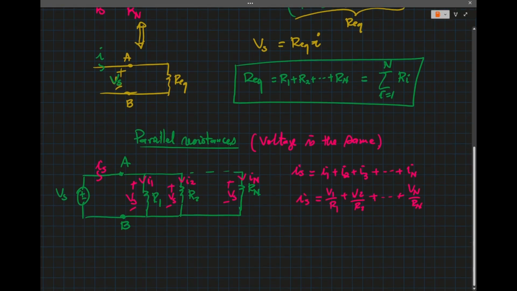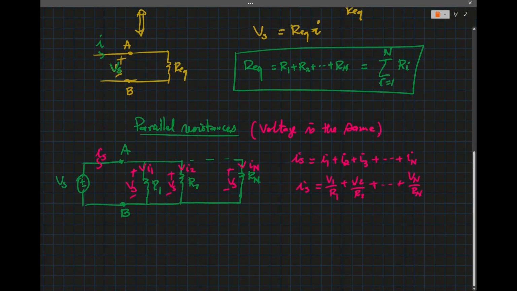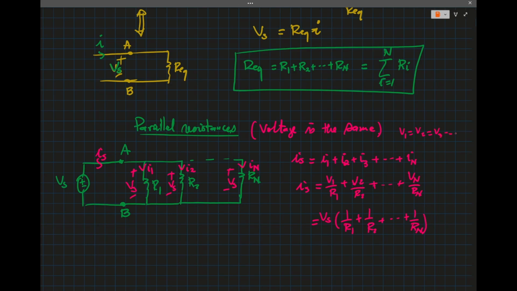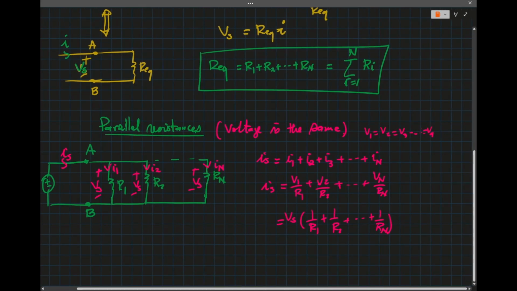So Is equals that. But we know V1 equals V2 equals V3 equals Vn, which is equal to Vs, so it's Vs times 1 over R1 plus 1 over R2 plus 1 over Rn.